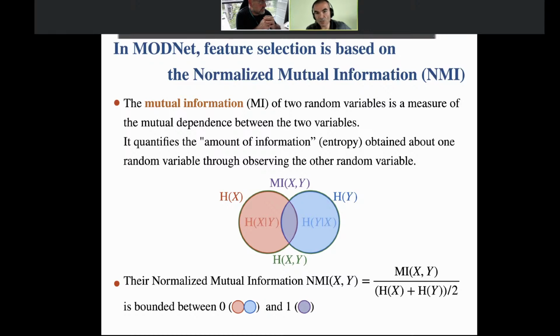So typically, it's a way to measure the amount of information that is common between two variables. When you observe one variable, what's the probability that X has a given value if you know that Y has another given value? It may well be that you have no information on X if you know something about Y. In that case, you would have basically no mutual information.